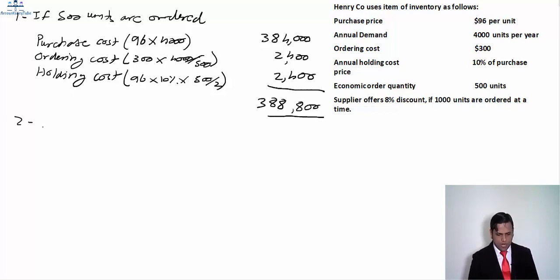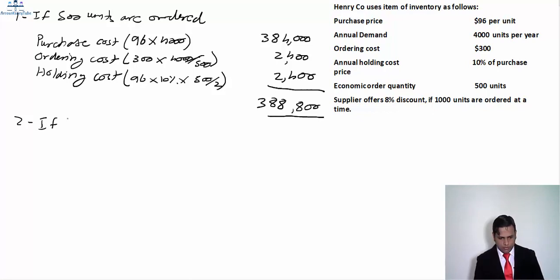Now this is the picture of the cost that we have at the EOQ level. Now let's see, the supplier has said he will give us a discount of 8% if 1000 units are ordered.